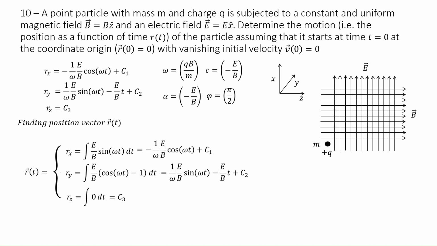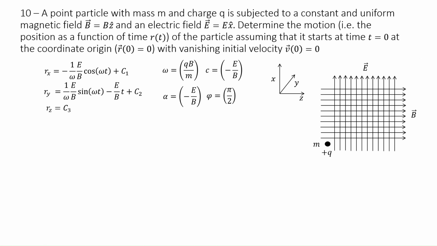So here are our equations for our position vectors in x, y, and z. Now, once again, we have a couple constants that we need to work out, but we can just use boundary conditions as before. As we know, at time equals 0, our position function was also 0.